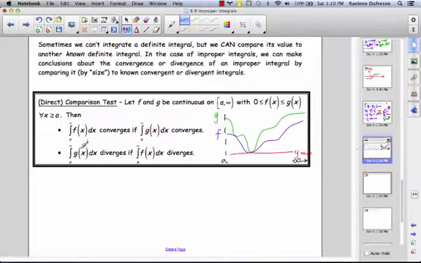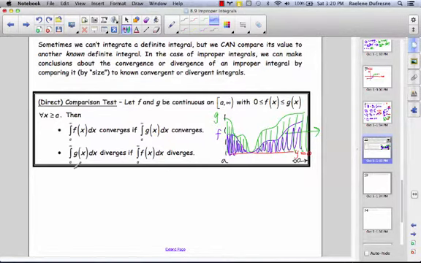So then we say that if the definite integral from a to infinity of f of x dx converges, that will be true if we know the green function's definite integral converges. So if we know that the amount of green area is finite as x approaches infinity, then the amount of blue area, which is less than that, must also be finite.